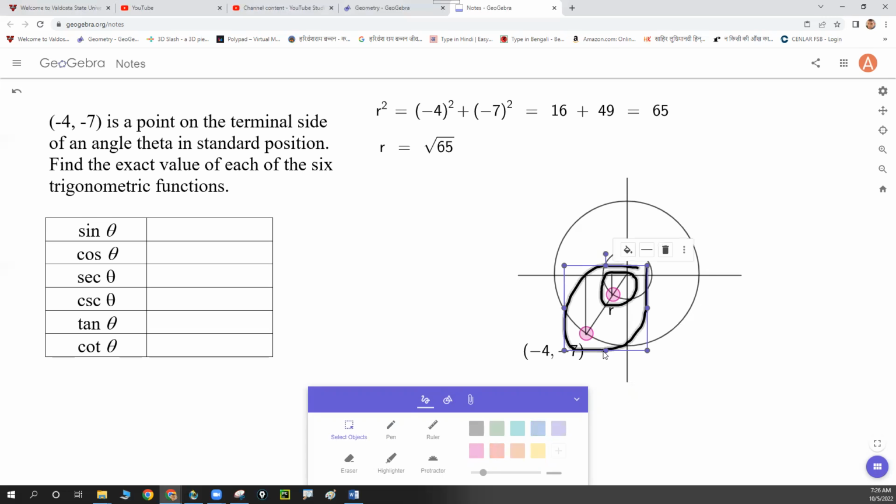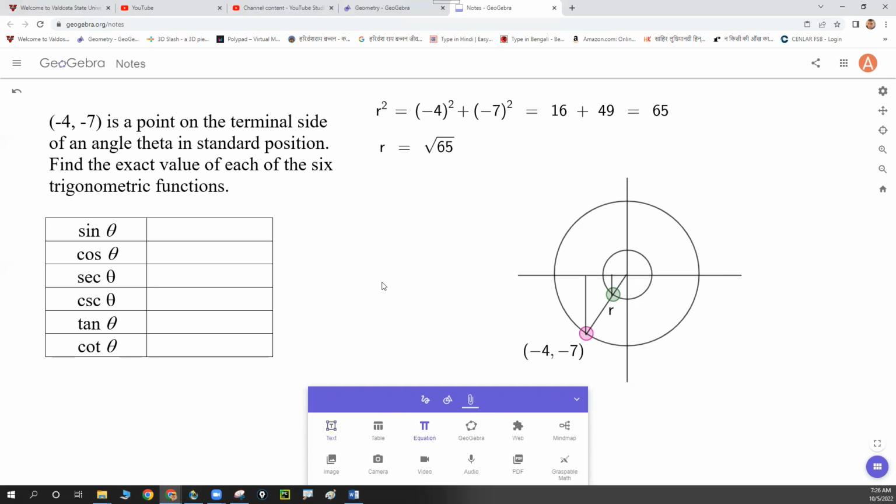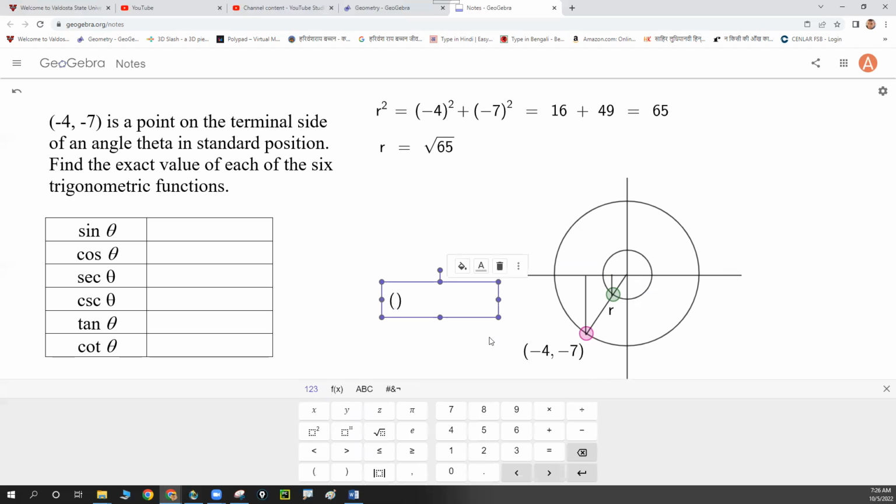So this point, I'm going to change the color actually to green. This green point has these, and you really want to pause and reflect and make sure you get it. The coordinates of the green point are, yes, you have to put the radical sign.